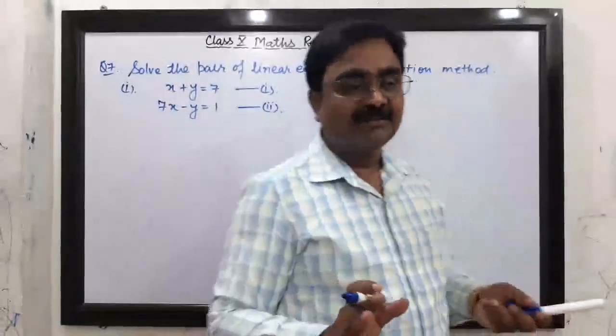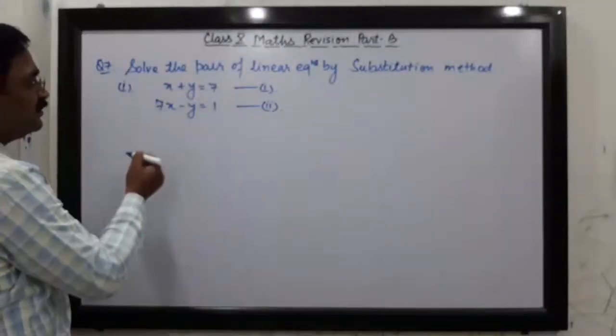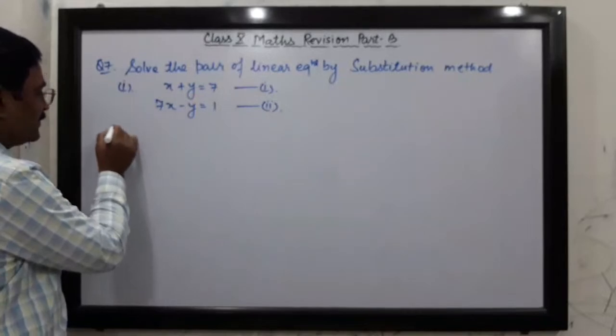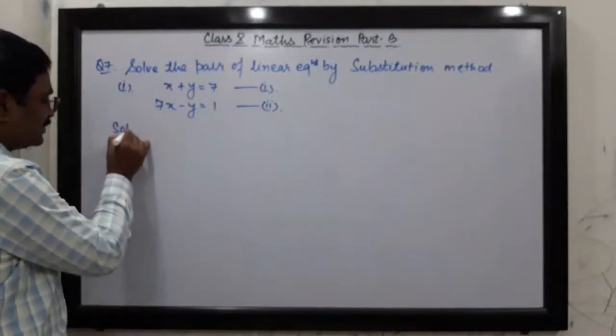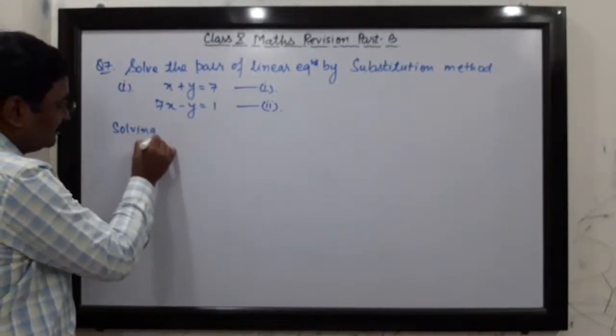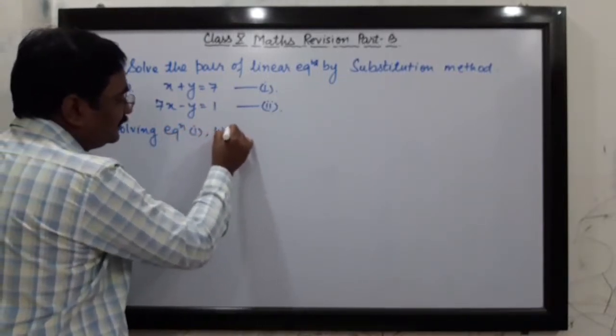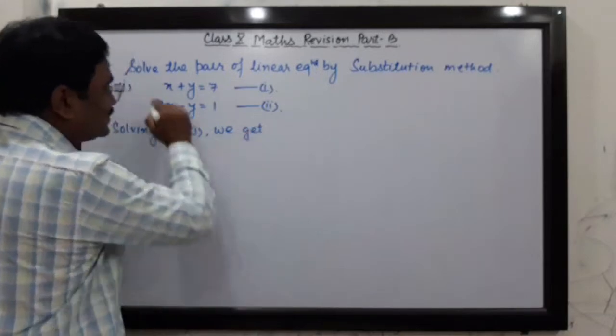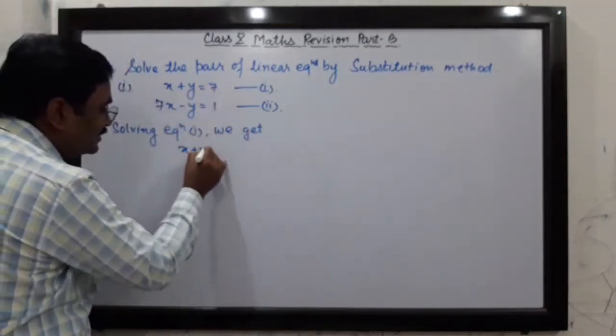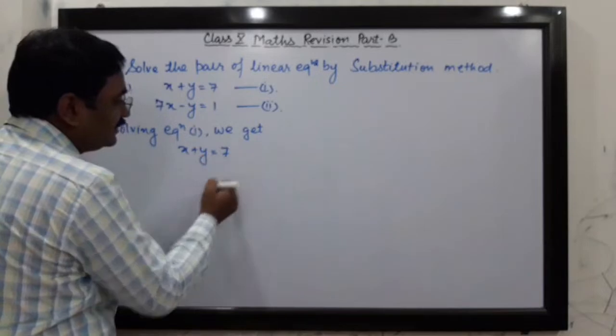We are going to solve this pair of linear equations by the substitution method. Solving equation 1, we get: equation 1 is x plus y is equal to 7, right?